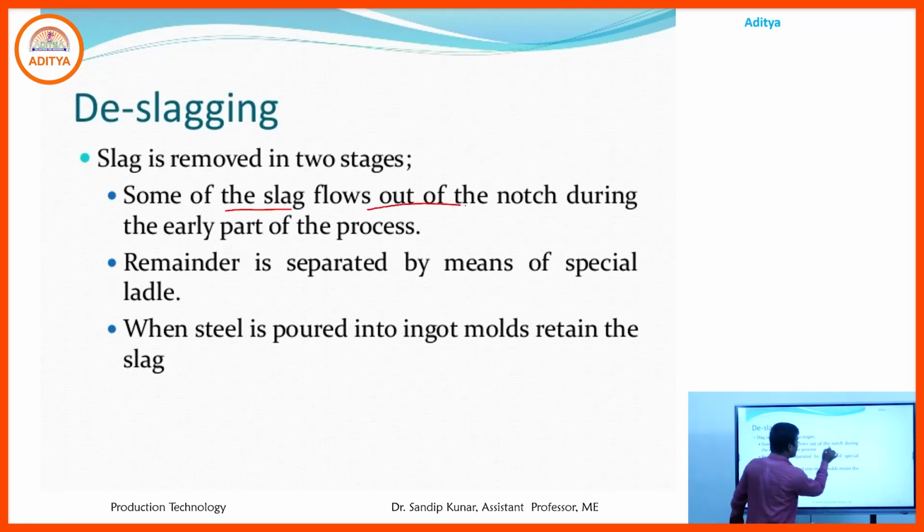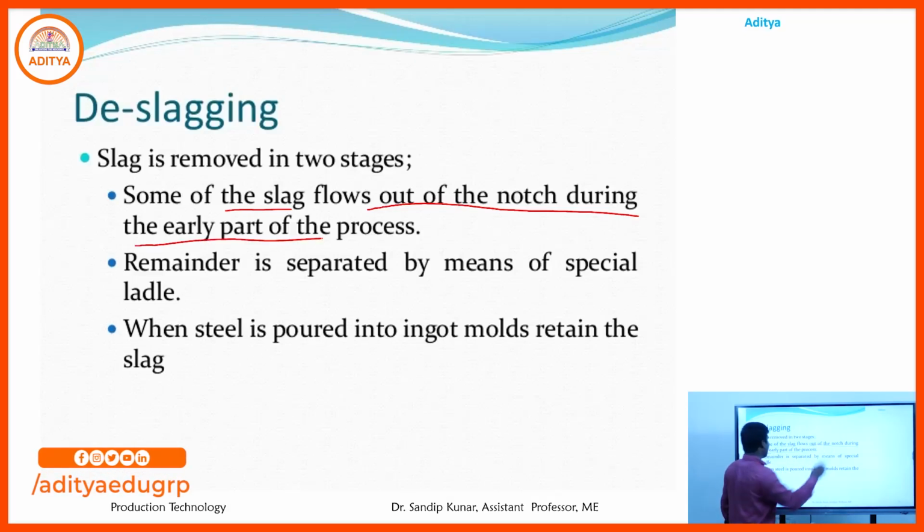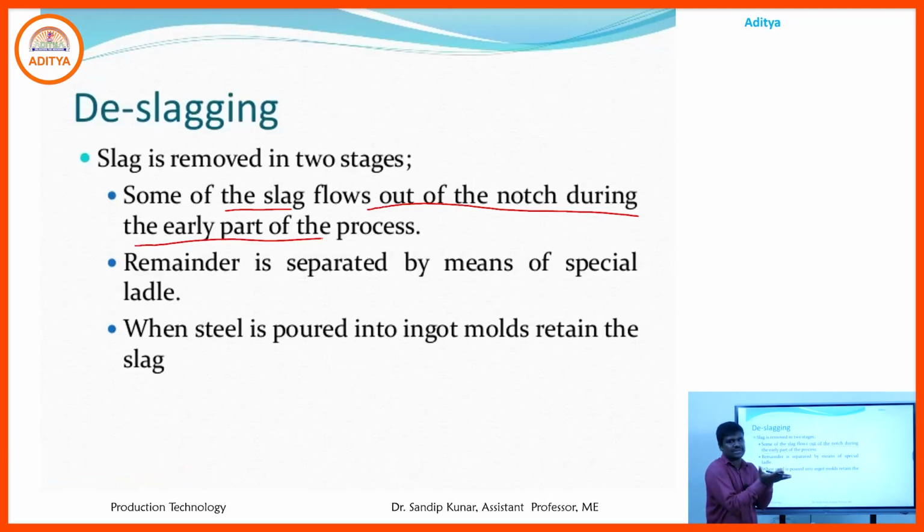So the slag flows out of the notch during the early part of the process. Means slag is always on the upper side of the molten metal. And the metal will be collected by using a special ladle.